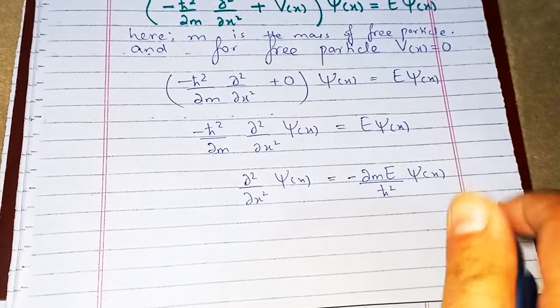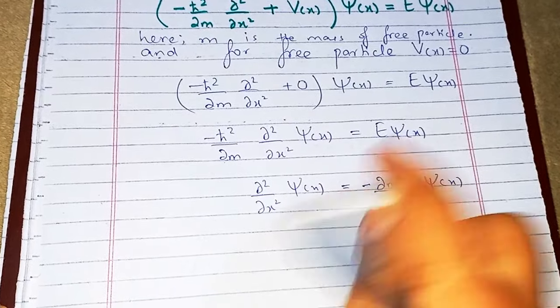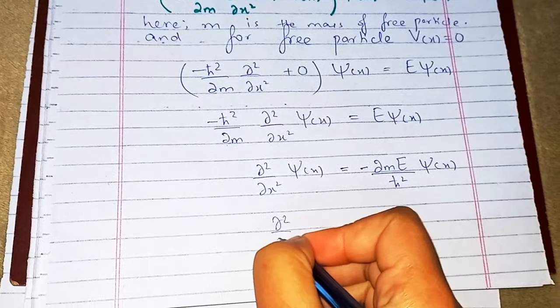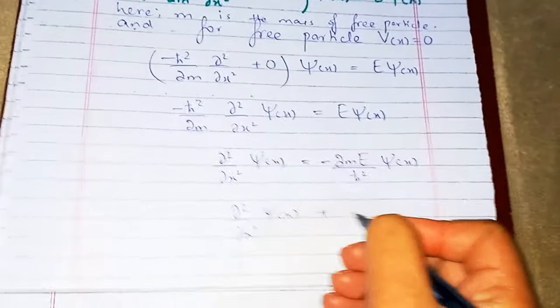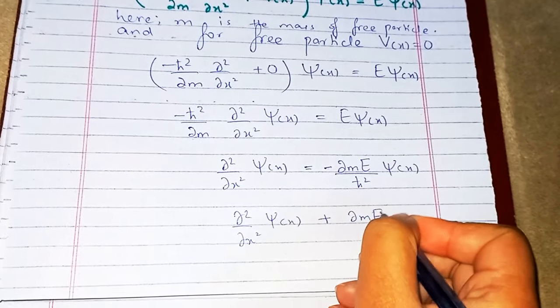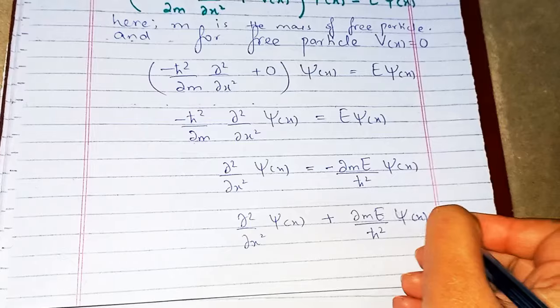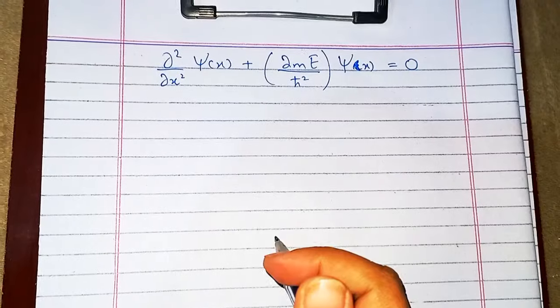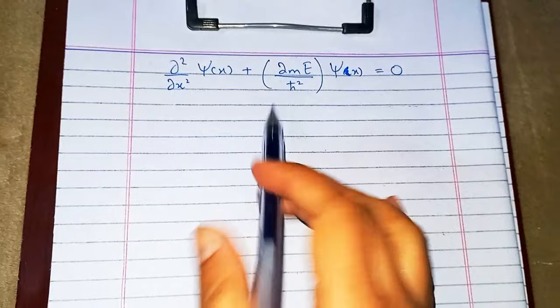This term is negative, so we will take it to the other side and it will become positive. It's being subtracted on one side, so it will be added on the other. So we have 2mE by h square psi of x equals 0. That is this equation so far.